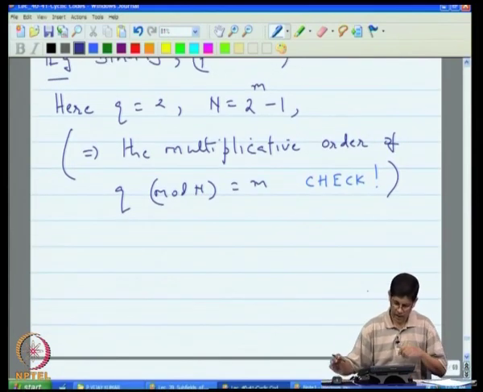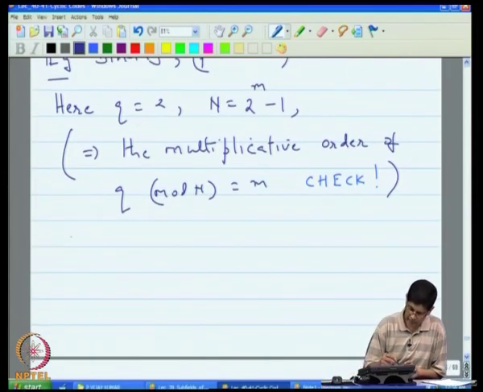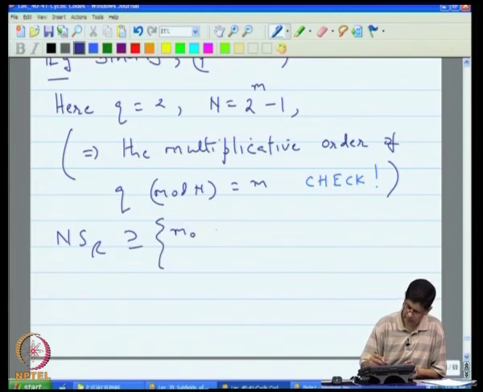Okay. And then the null spectrum of the code is required to contain this consecutive string of frequencies.